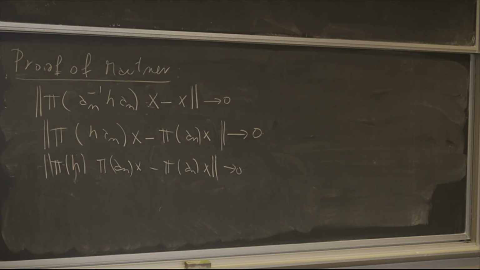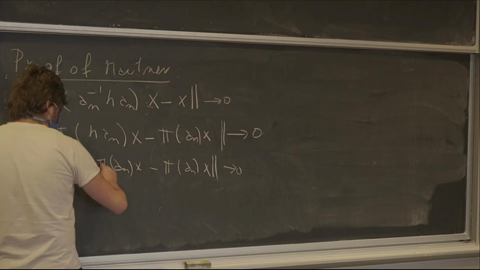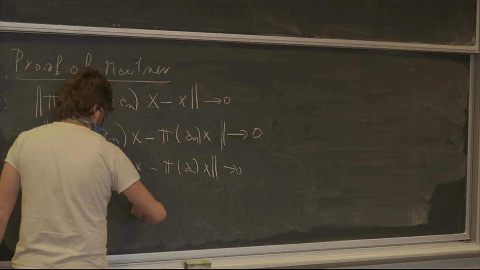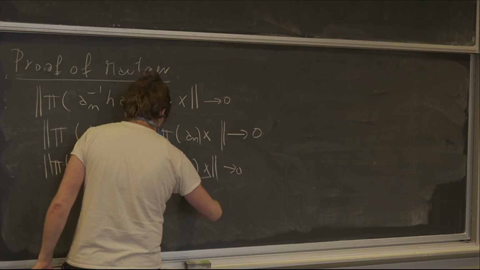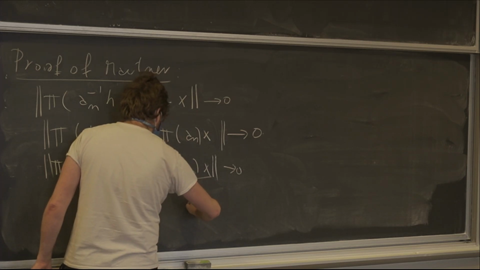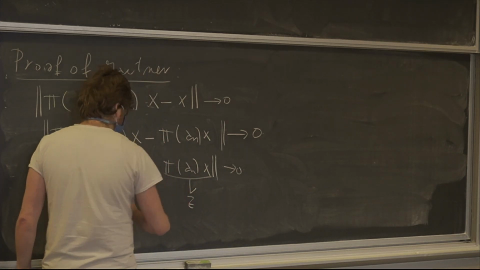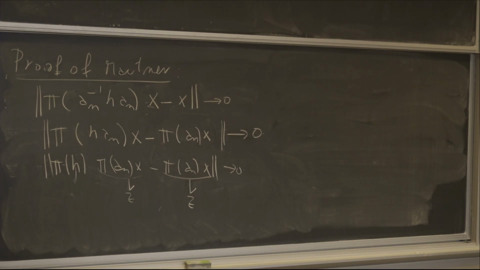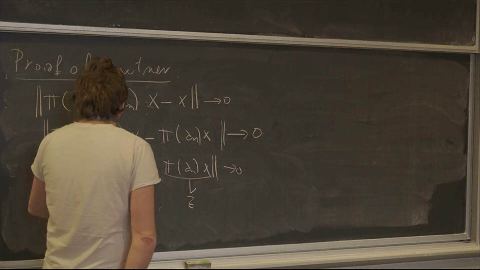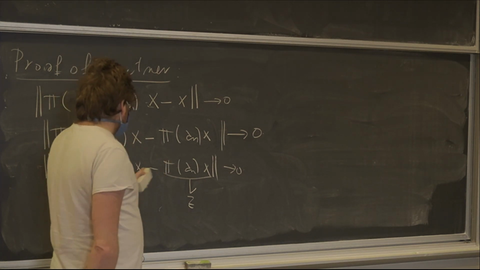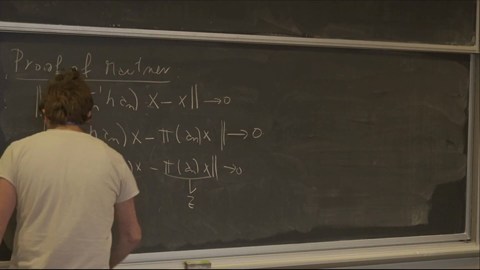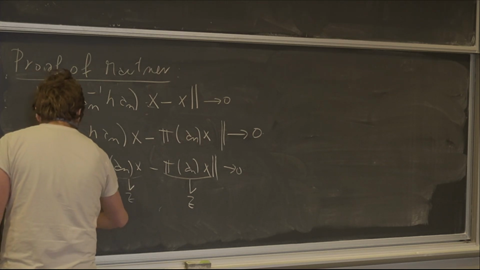And now I'm in very good shape, even though I have to argue, because this goes to z and this goes to z, but only weakly, not strongly. And it's important that I can do it weakly, not strongly. So then I have to argue that still pi_H(z) equals z.